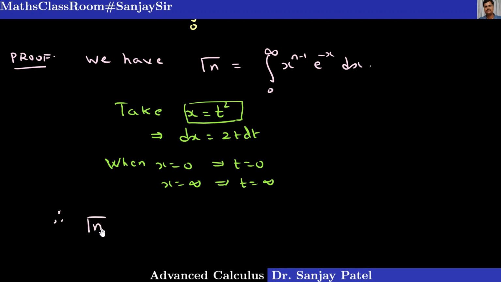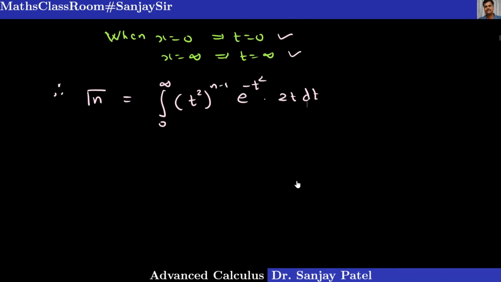Okay, so putting all this in our gamma function definition, what I will get here is, therefore, gamma n is equal to the integral from 0 to infinity. This x equal to 0 is replaced by t equal to 0, and x equal to infinity is replaced by t equal to plus infinity. And x is replaced by t square raised to n minus 1 e raised to minus t square. And dx is replaced by 2t into dt. So you will get this thing.